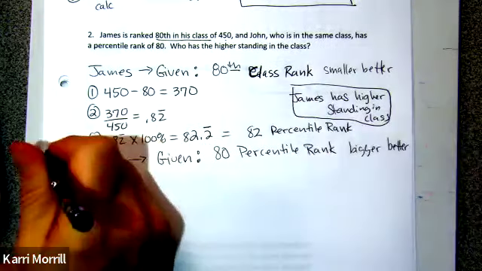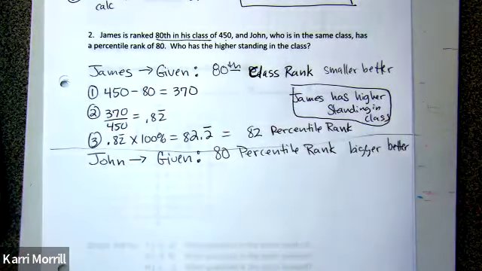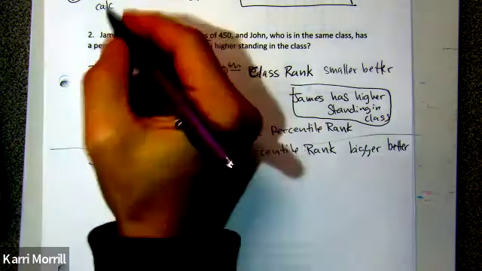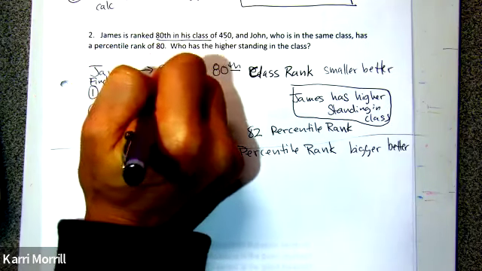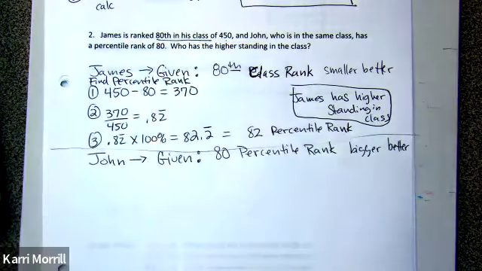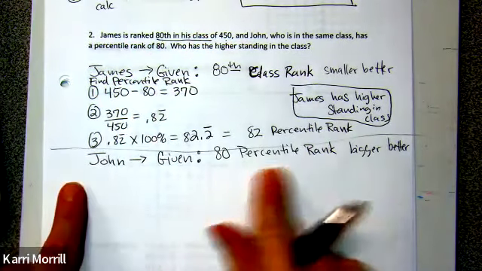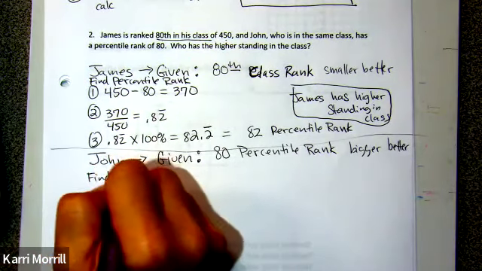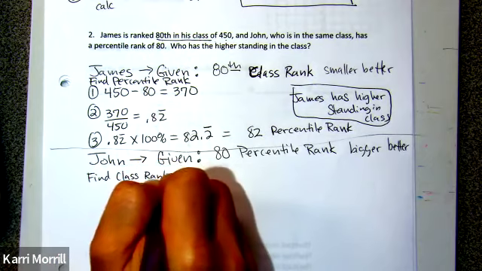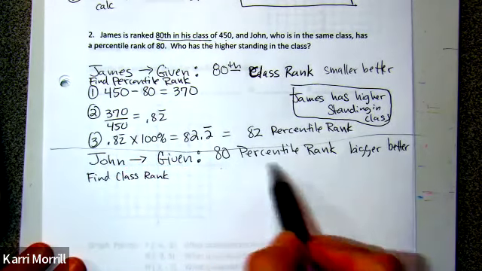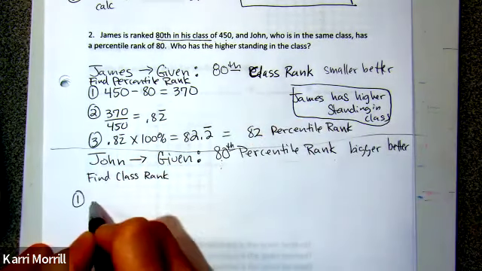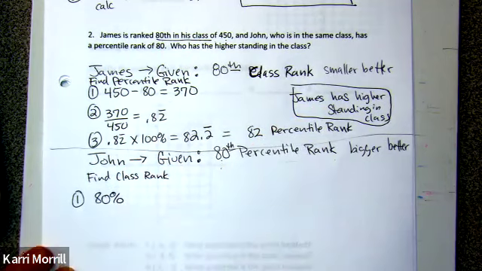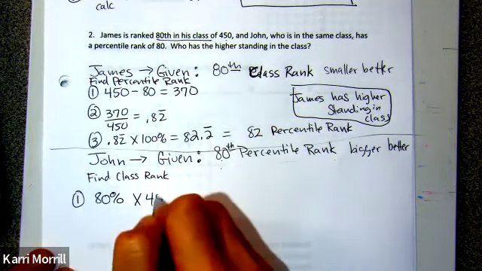Now, you could double check and do John just for practice, doing the other one. We could turn percentile rank into class rank. So here, I should probably write find class rank. You're just going back and forth between the two ranking systems. This one was given percentile rank, and we're going to find class rank. So this is 80th percentile, which is like saying 80% times the total amount of people in class.